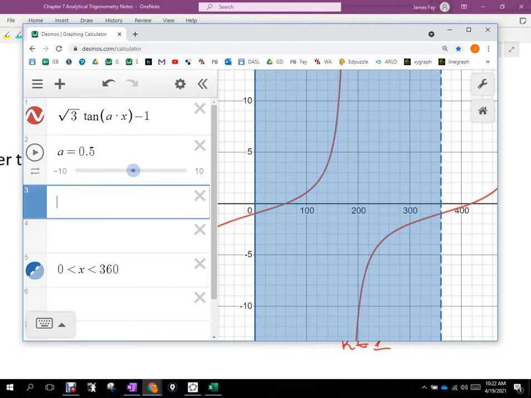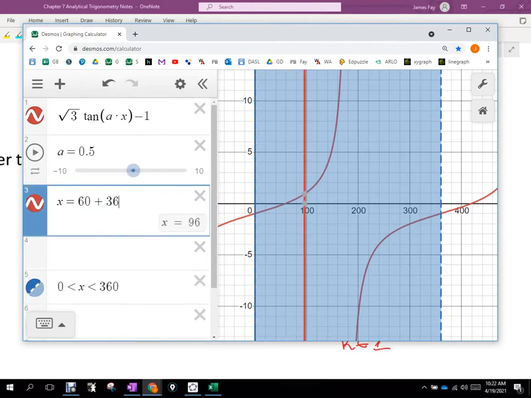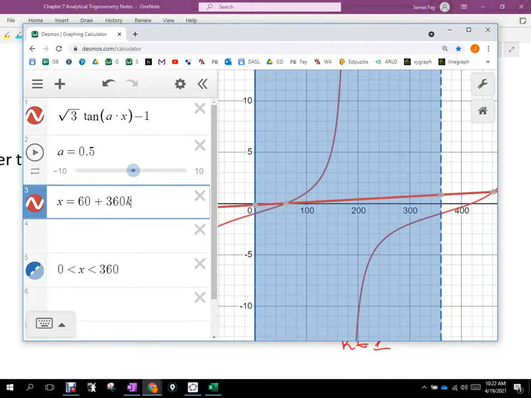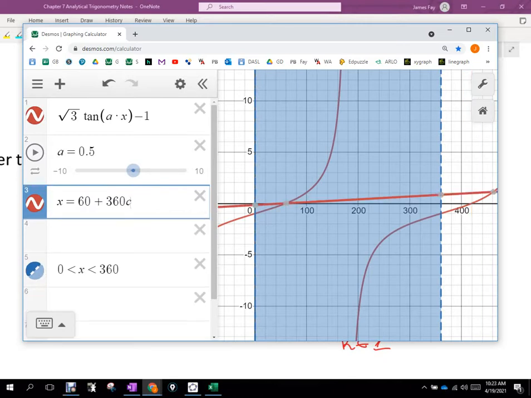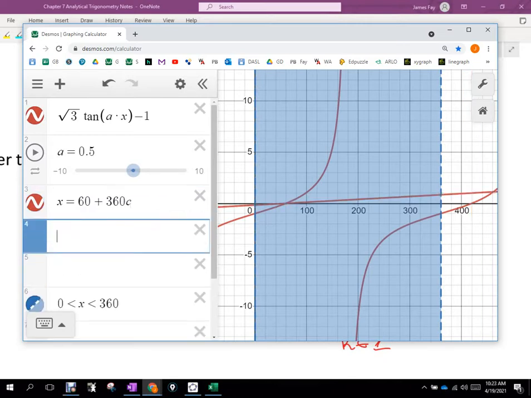So then if I write x equals 60 plus 360k, where I'm going to say k, how's that working? Why is it getting that? I don't want to use k. Let's use, we'll see here if that fixes things. C is equal to 1.